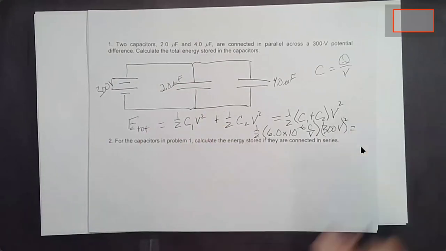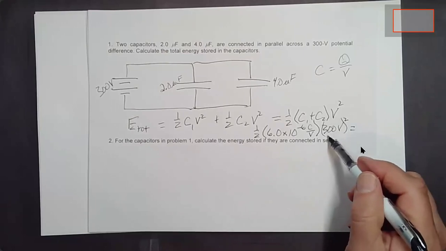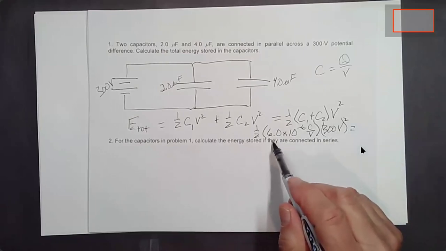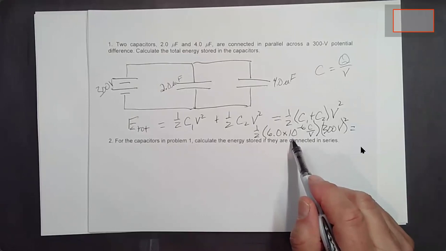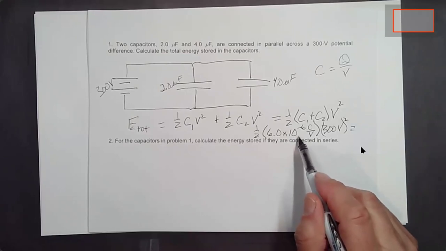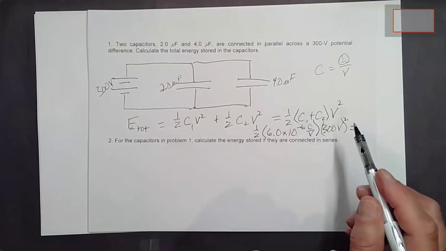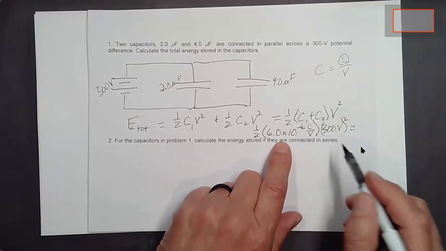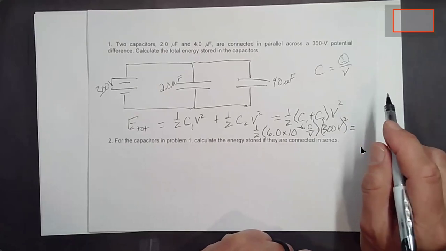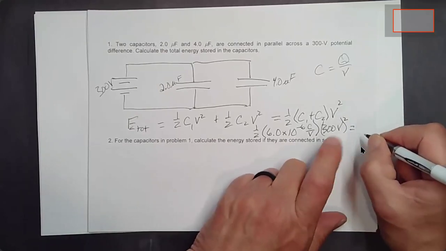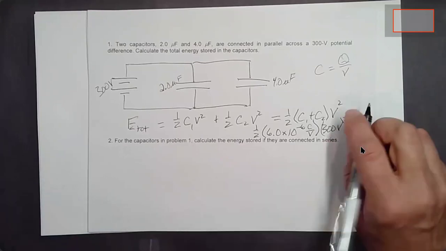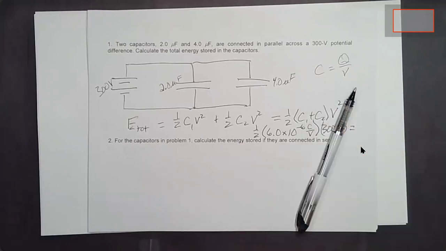Okay, and whatever it comes out to, 9 times 10 to the 4th times 6, that'd be 54 times 10 to the minus 2, I think. 27 times 10 to the minus 2, which if we only have 3 significant figures, it'd be 0.003 joules. No, 0.03 joules. But I better check that with a calculator because I was just dancing around in my head there and I'm not positive.